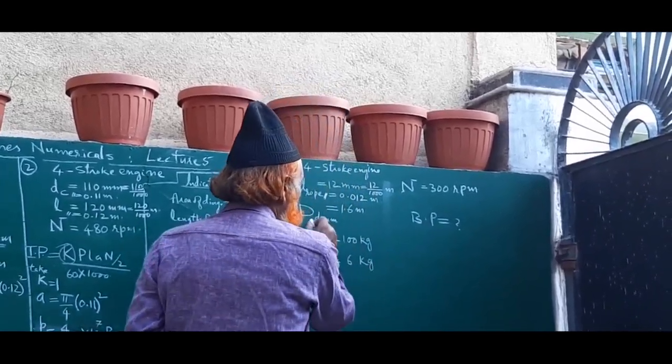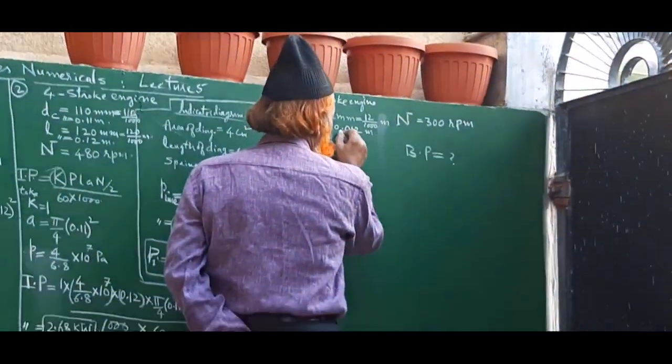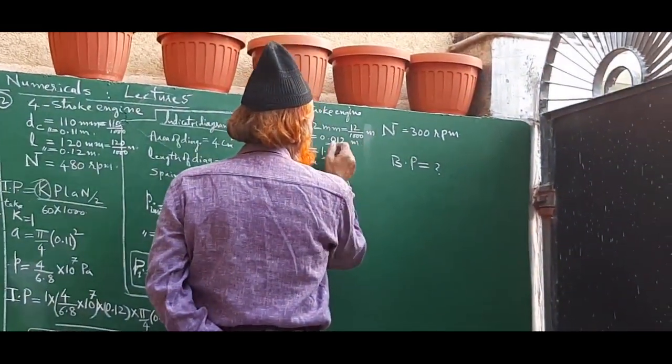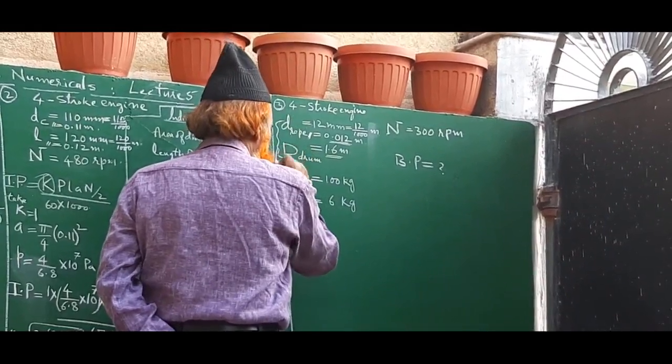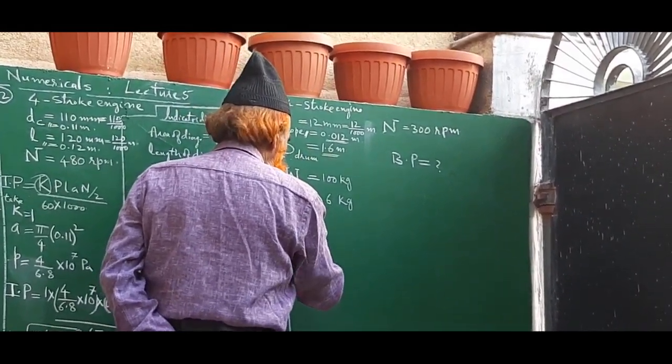Diameter of the brake drum is given as 1.6 meter. This is also to be taken in meter. Then you will get the effective radius from these two.